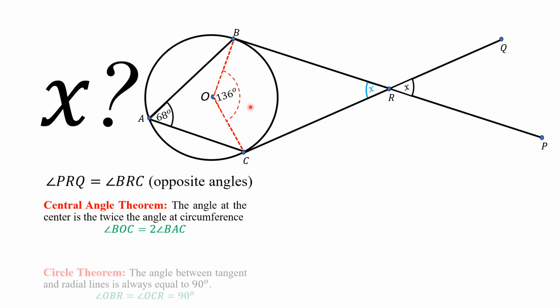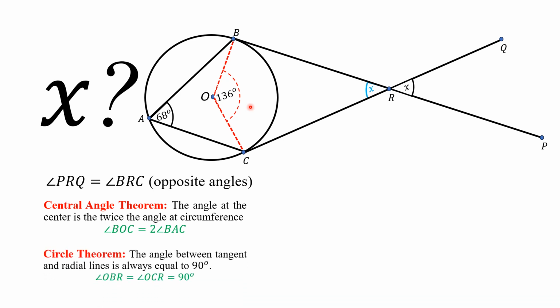Now there is another circle theorem, which states that the angle between a tangent and a radius is always 90 degrees. So angle OBR is 90 degrees and angle OCR is also 90 degrees.